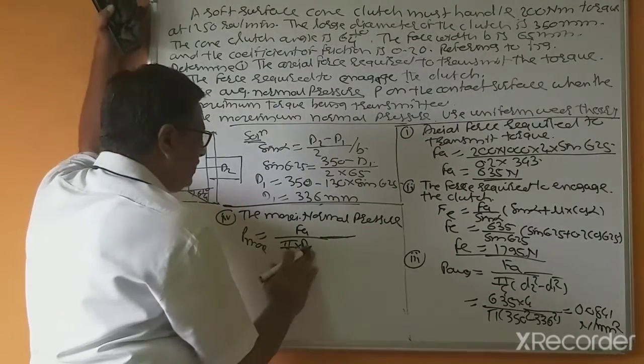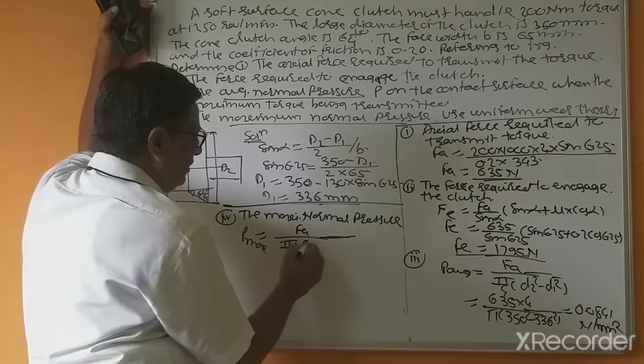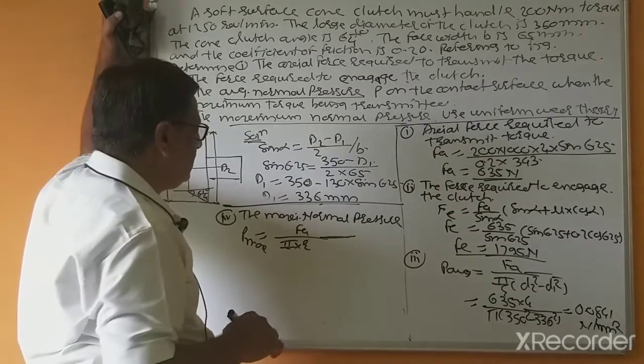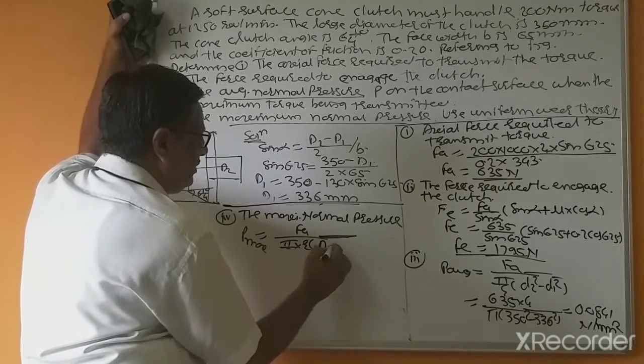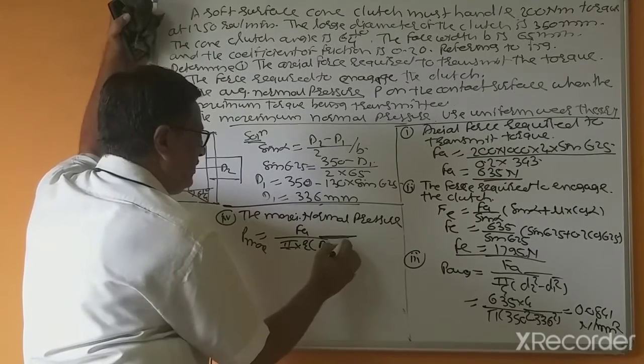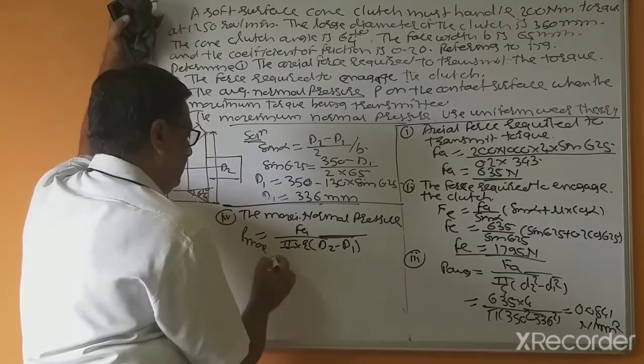Actually this is pi d, the circumference, multiplied by the basic formula. This is D2 minus D1.